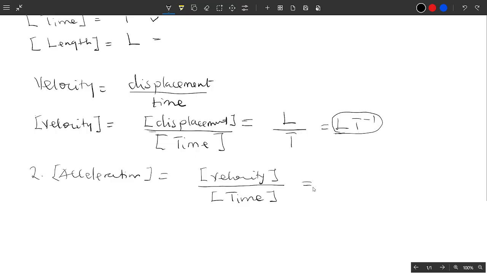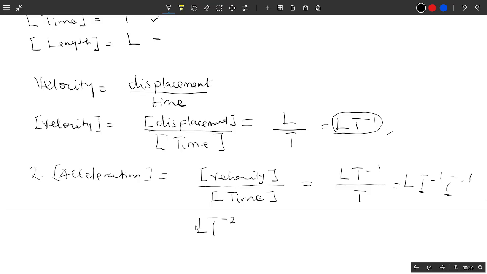What is the dimension of velocity? We did that from the first part. The dimension of velocity is LT negative 1. So we have LT negative 1 divided by the dimension of time, which is capital T. Now we have LT negative 1, T negative 1. Laws of indices: multiplying with the same base, we add. So this is going to give us LT negative 2 as the dimension of acceleration.